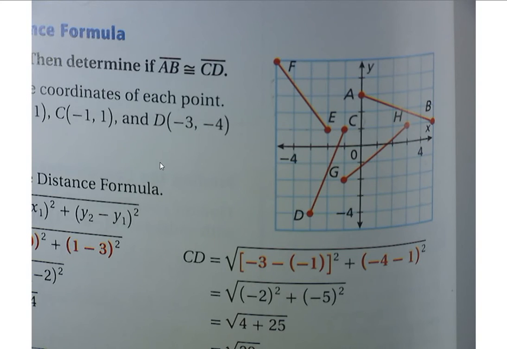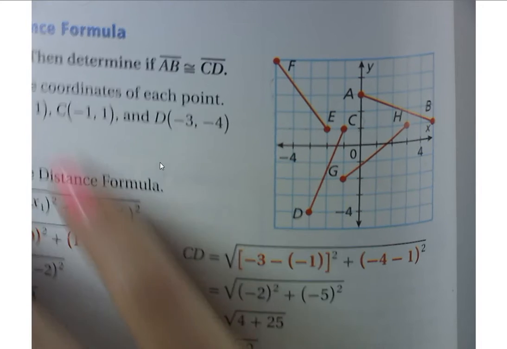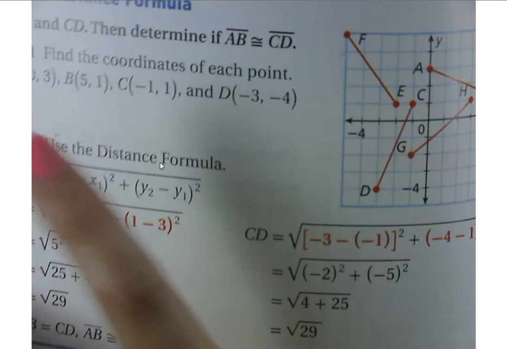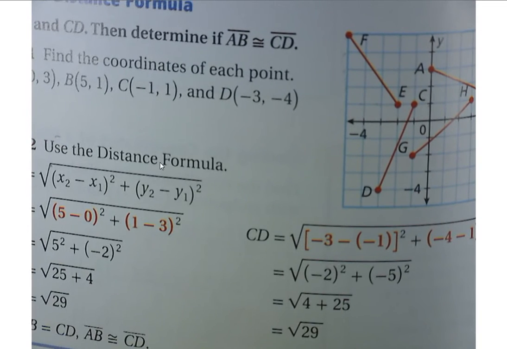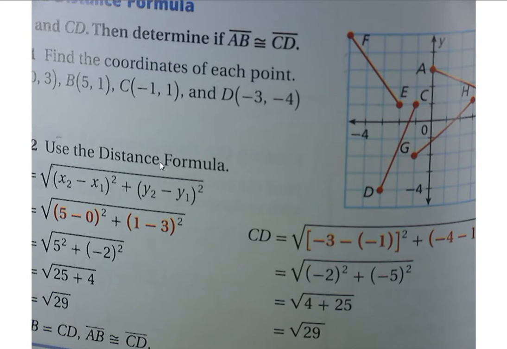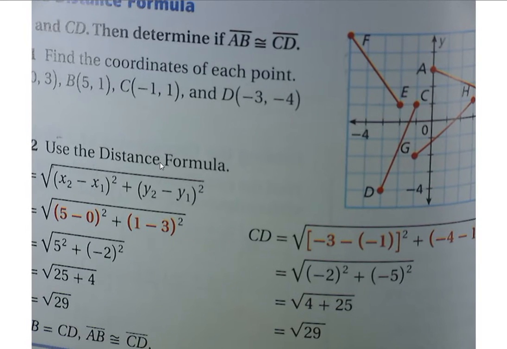So you should have that labeled. All right, and then Caitlin, what is the coordinate point for F? Okay, so -5, 5. So once you have those 2 written down, I want you to go ahead and label them as your x1, y1, and your x2, y2.